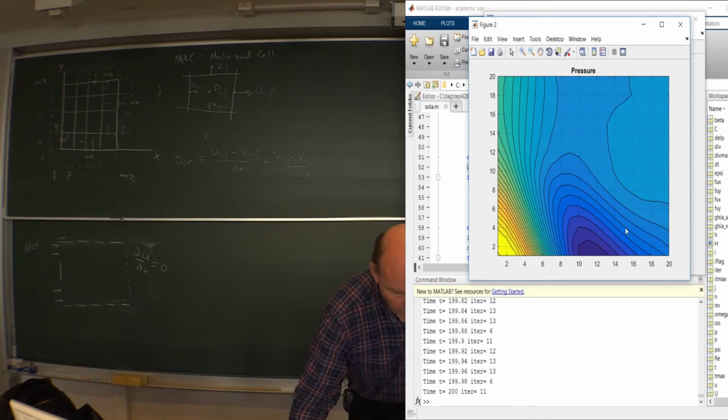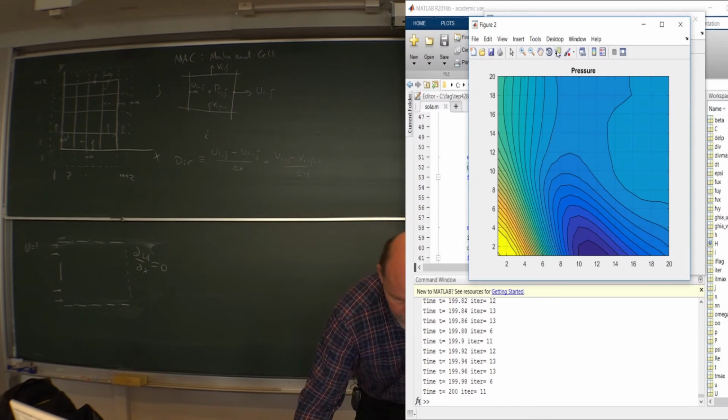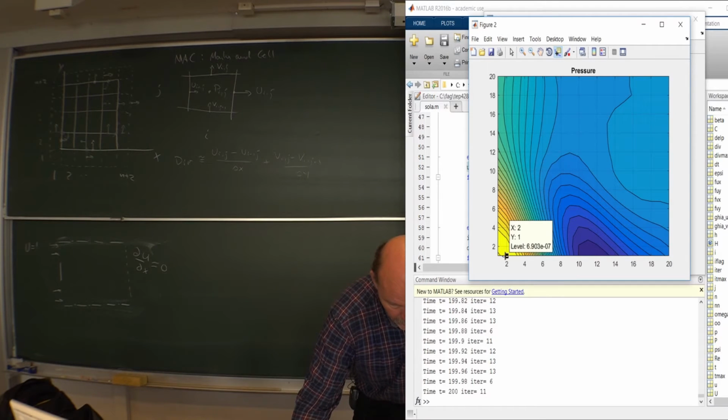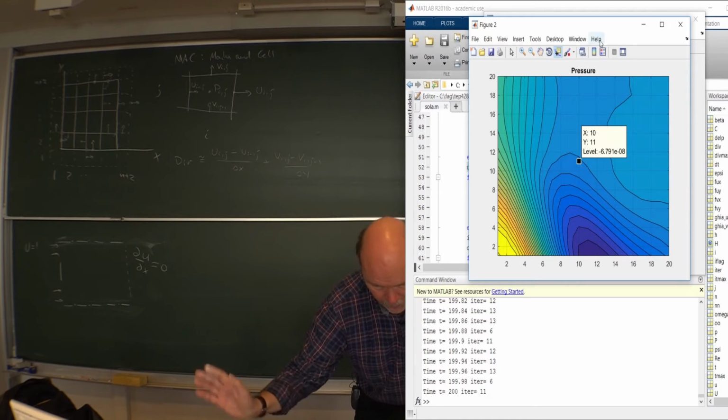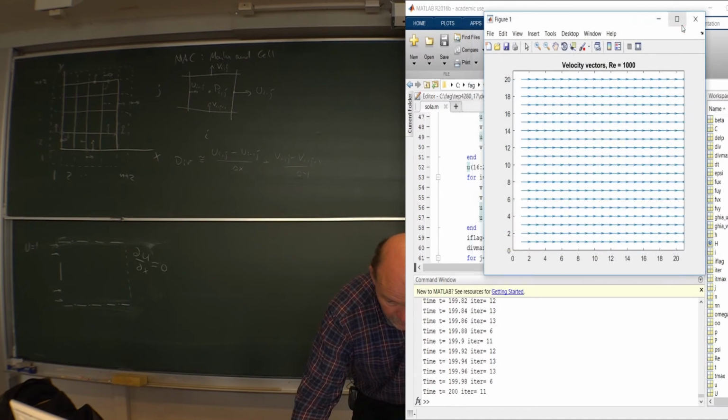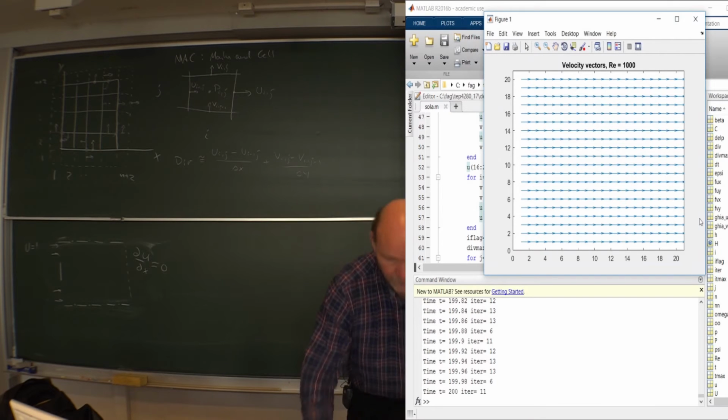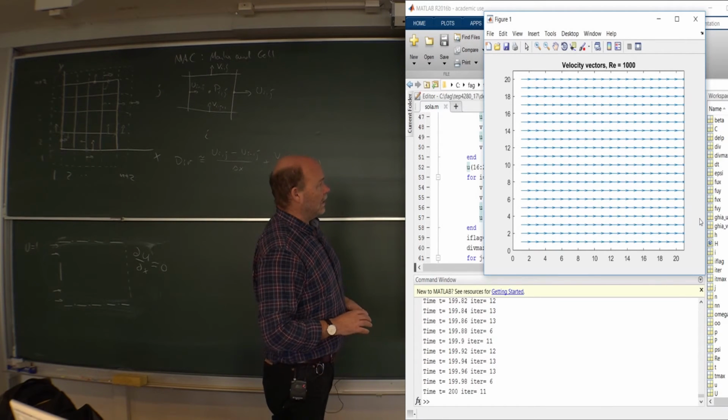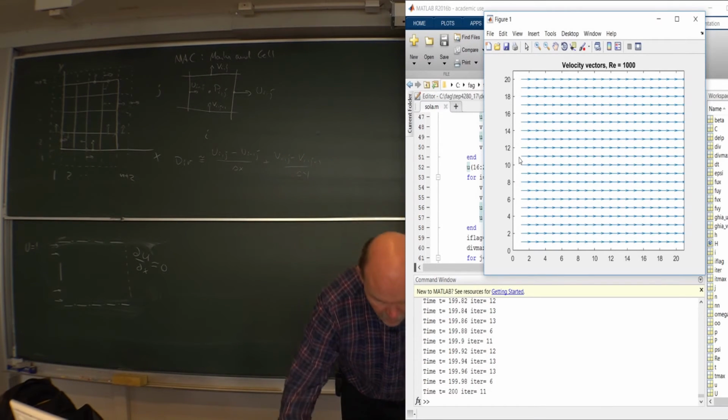But remember, you haven't given the scale for the pressure. So if you hit the plus button here and somewhere in the field, you can actually read the level. And here the level is roughly 0. So the pressure is pretty close to constant either way. The velocity field here is fairly constant.